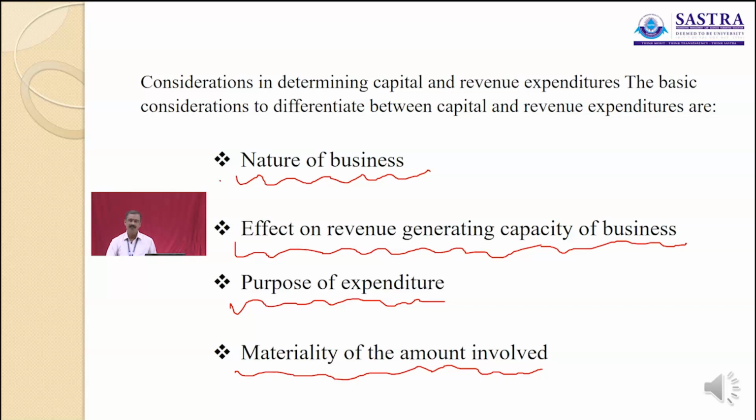So in such a case, if expenditure helps to generate the income or revenue in the current accounting period, it is revenue expenditure. On the other hand, if expenditure helps to generate revenue for more than one accounting period, it is termed to be capital expenditure.